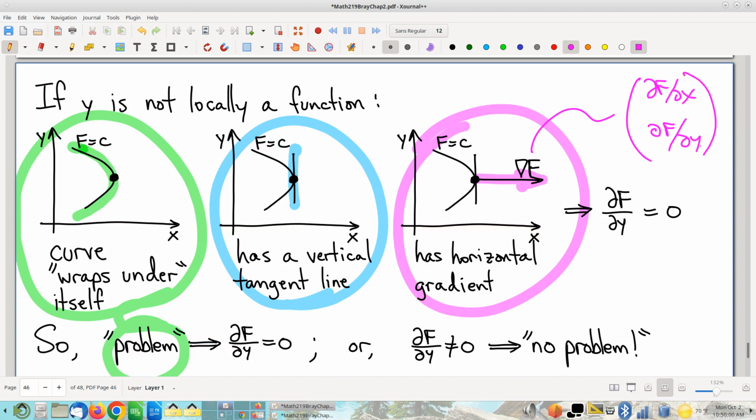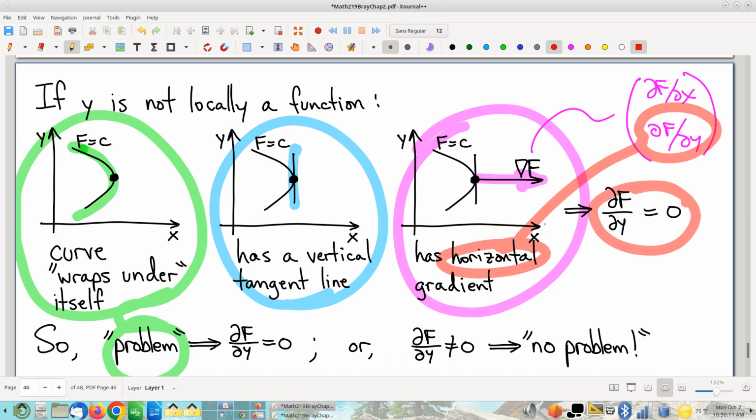If that's horizontal, horizontal means that the vertical component is 0. Everybody with me so far? So basically, anytime you have a problem, that's going to force the y partial of f to be 0. Everybody on board?